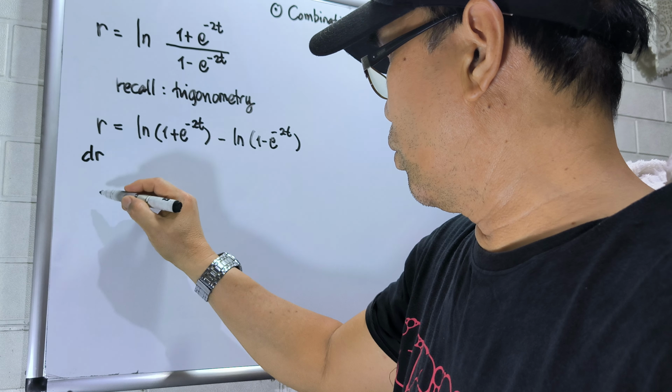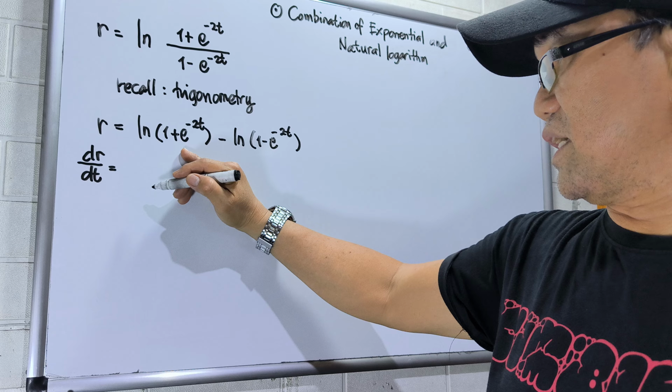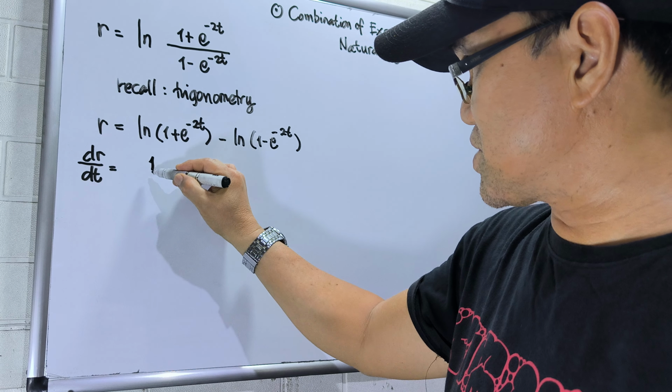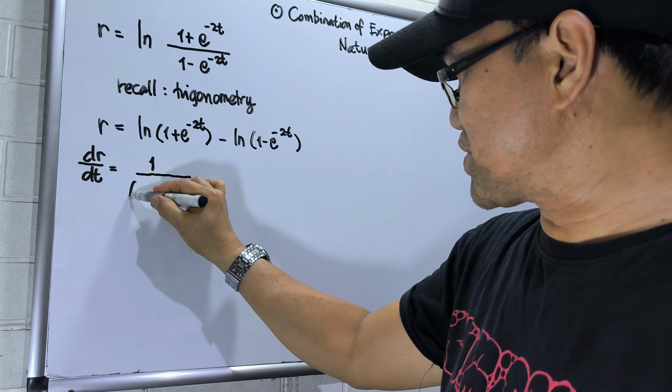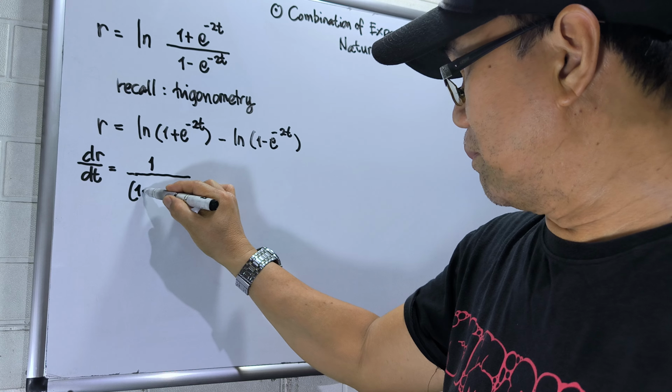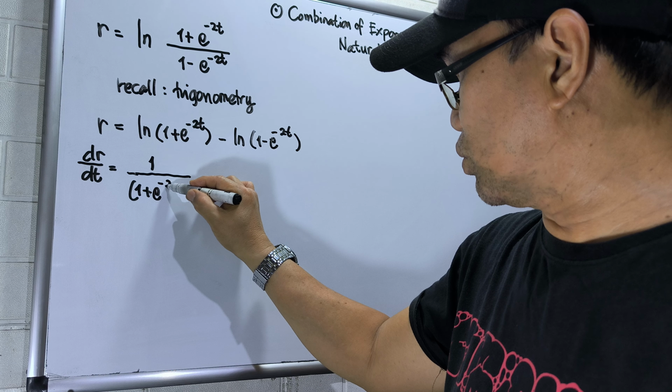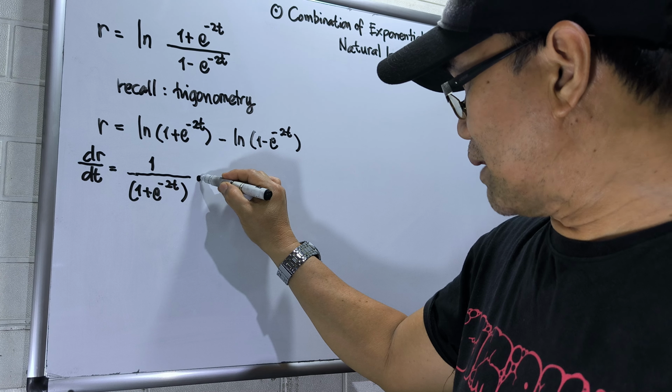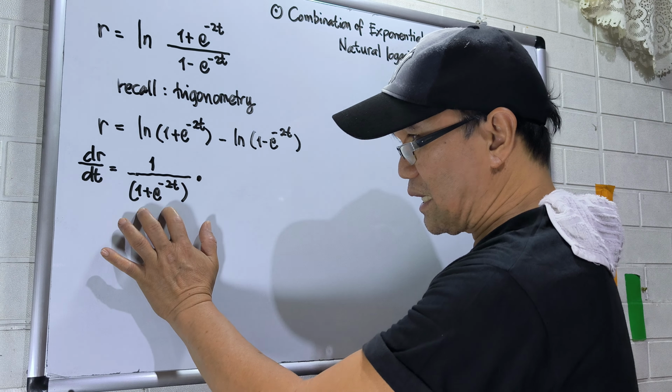So the derivative of ln of (1 plus e raised to negative 2t) is 1 over (1 plus e to the negative 2t), then times the derivative inside the brackets. So that will be 0, since the derivative of 1 is 0.